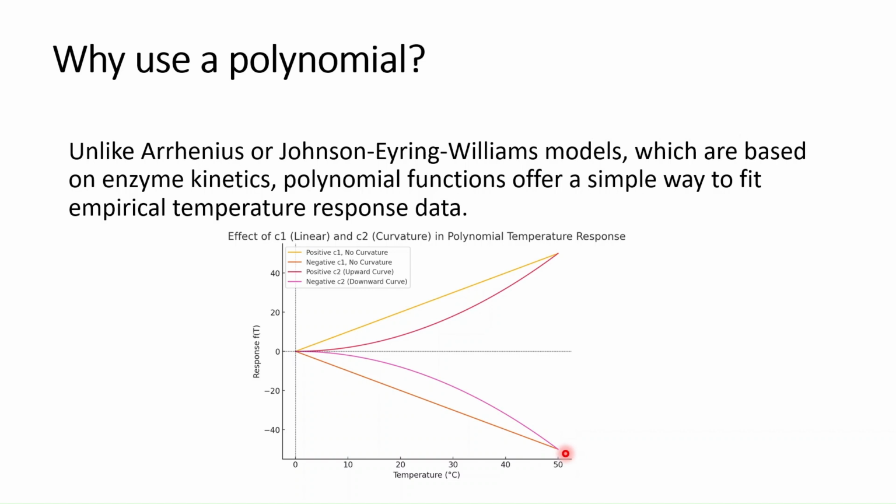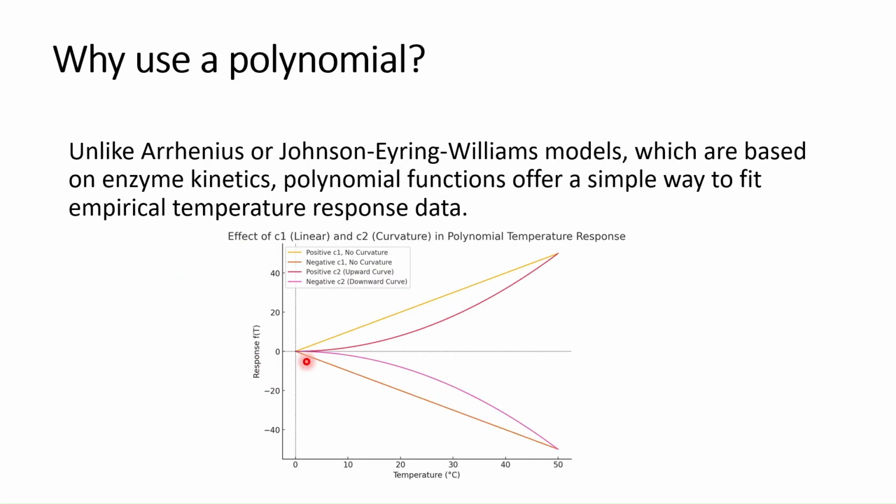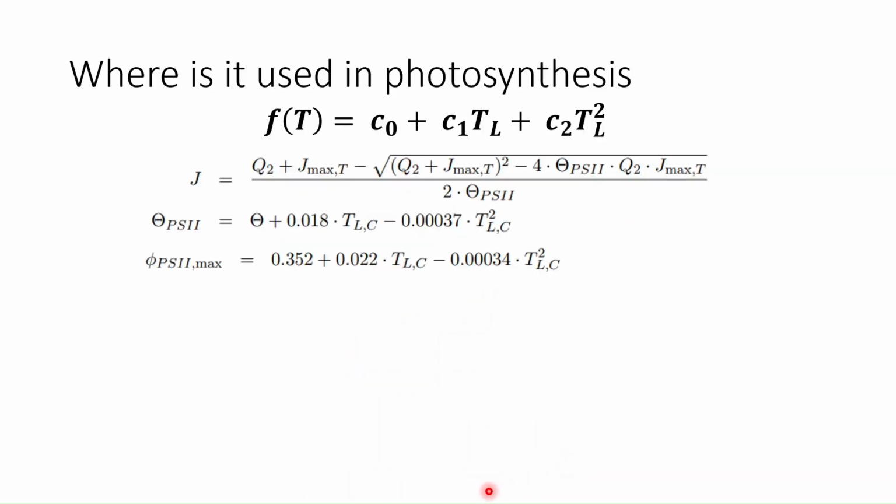If you develop the equation for various temperatures, this is how the curve will look. Same in the case of Φ PS2, this is a negative term, so this is how the curve will look if you generate that equation for various values of temperatures.